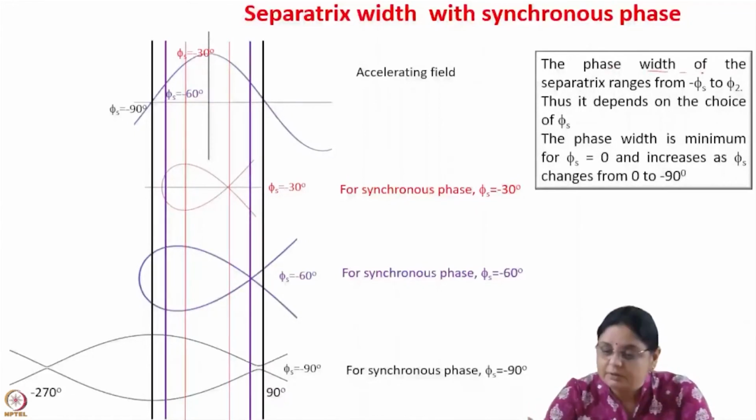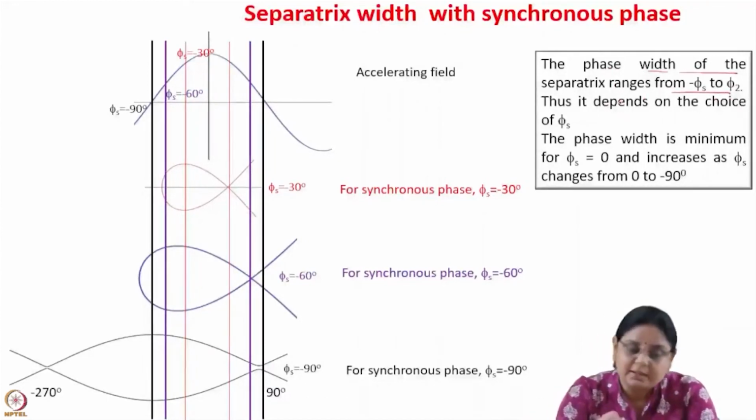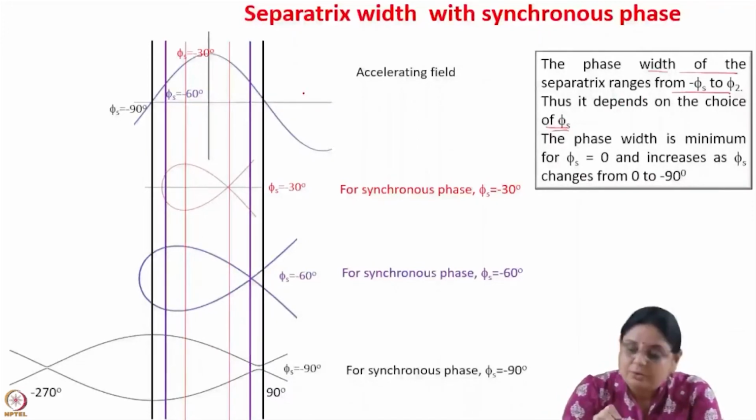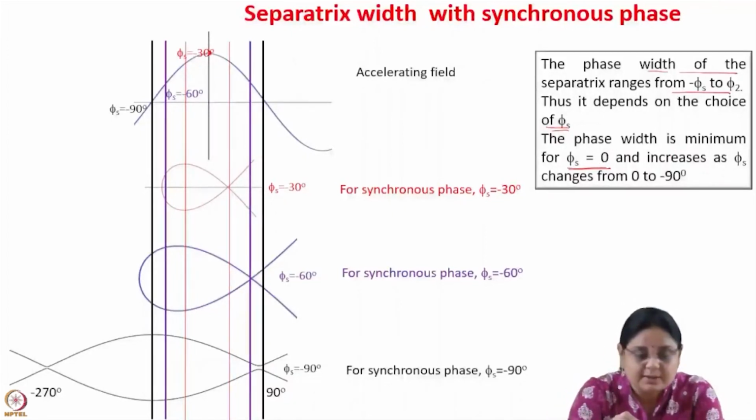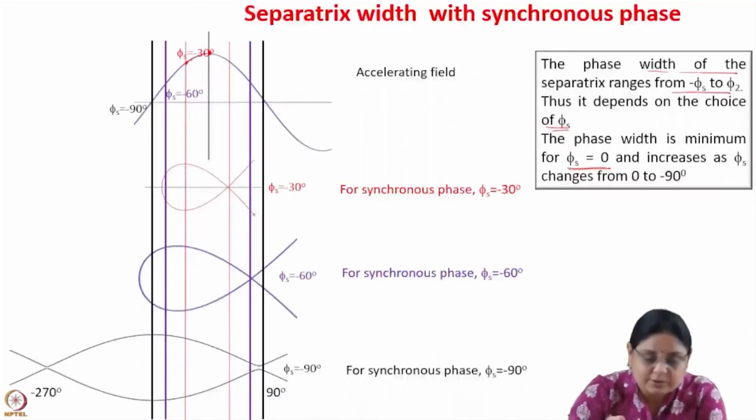So the phase width of the separatrix ranges from minus phi s to phi 2, and thus we can say that the phase width depends upon phi s. So if phi s is equal to 0, lying here, the phase width is minimum, it is equal to 0. As phi s decreases, let's say it is minus 30 here, this red line is the separatrix corresponding to minus 30.